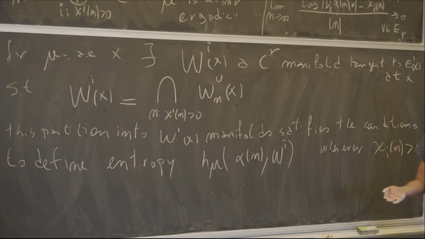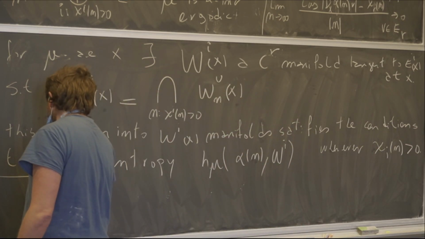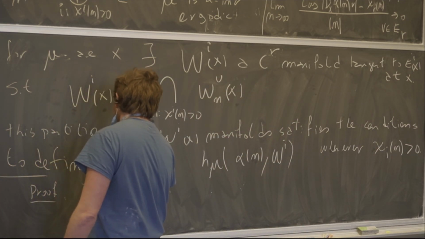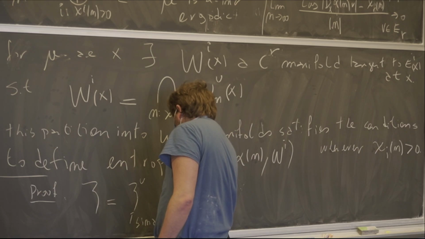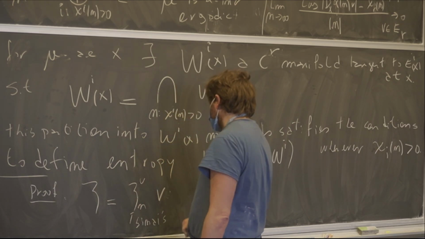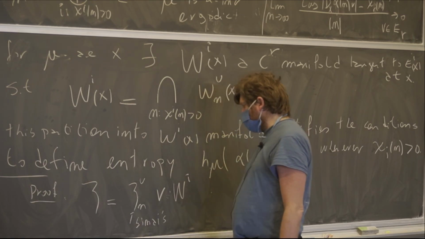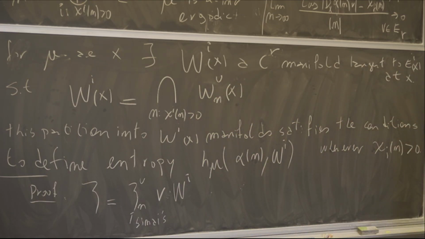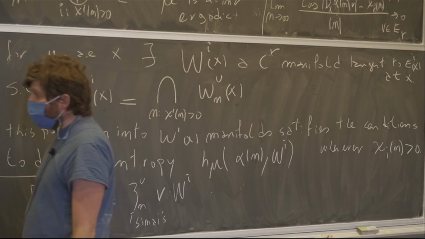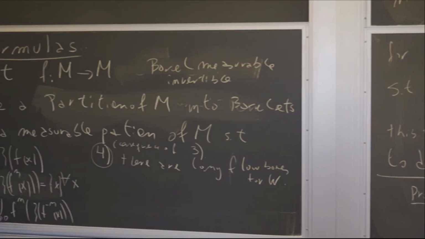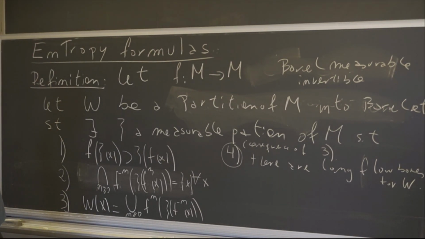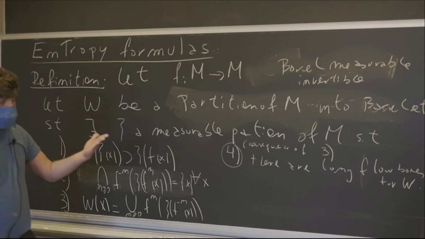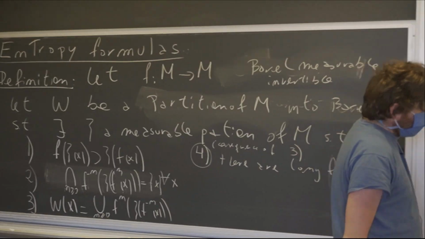You pick your Sinai partition xi^u, and then you take xi as being the Sinai partition intersected with the W^i. That will do the work. It will satisfy this property automatically, this property automatically, and this property also automatically, by all the properties of the Sinai partition. And then you have a well-defined entropy number.